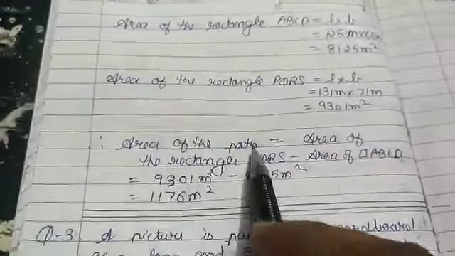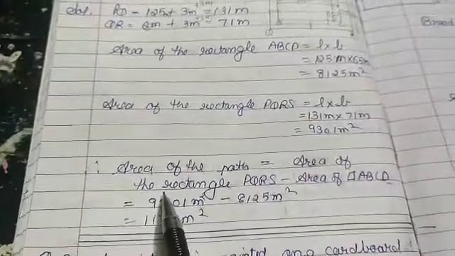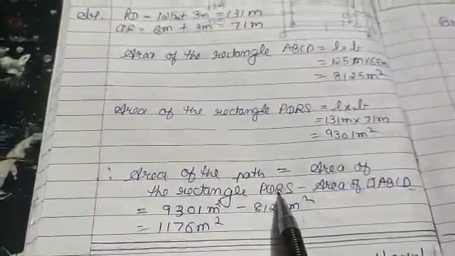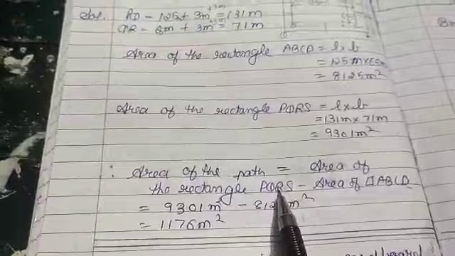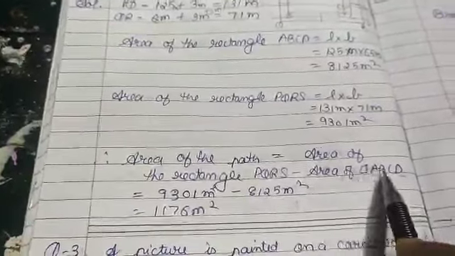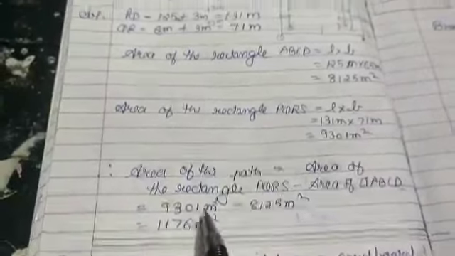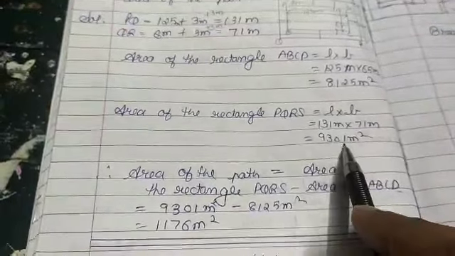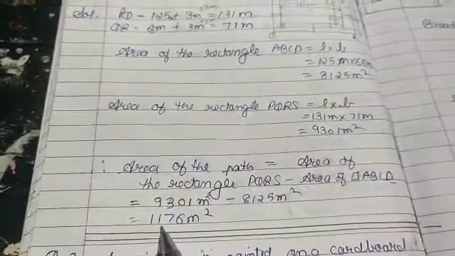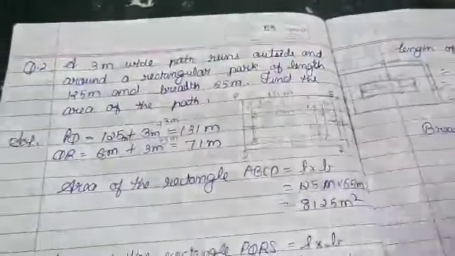That is, the area of the path is the area of the rectangular park including the path minus the area of the park, that is ABCD. Now from the total area, 9301 meter square, you have to subtract 8125 meter square. So what is left? 1176 meter square. That is the area of the path.